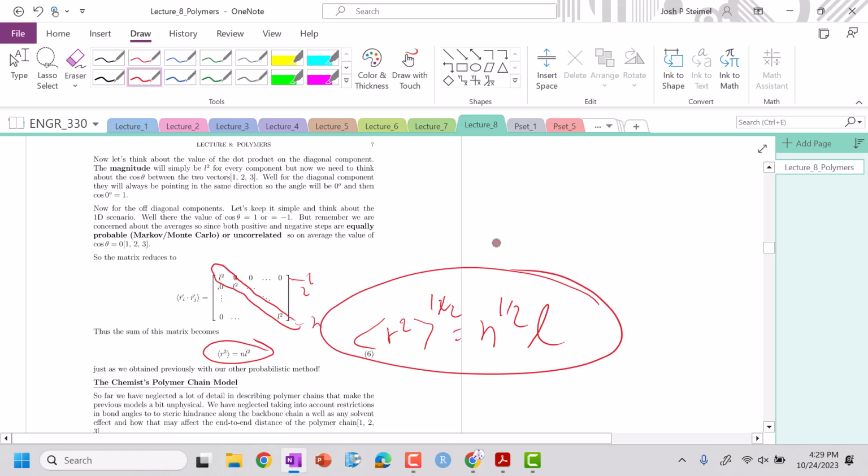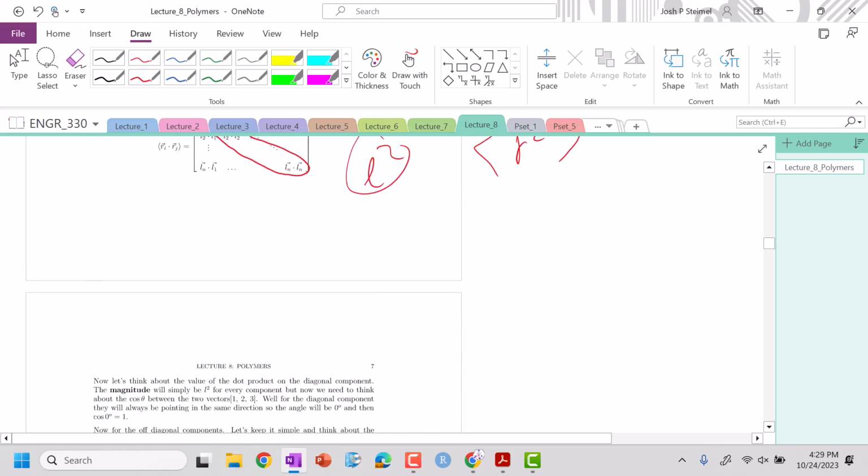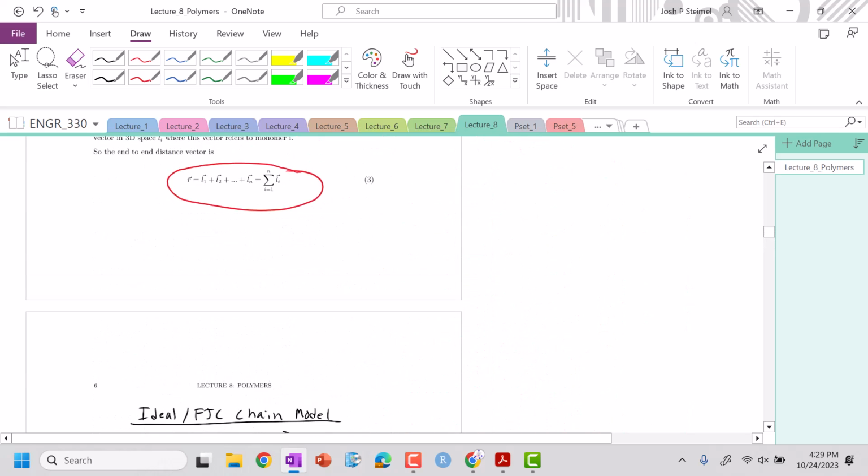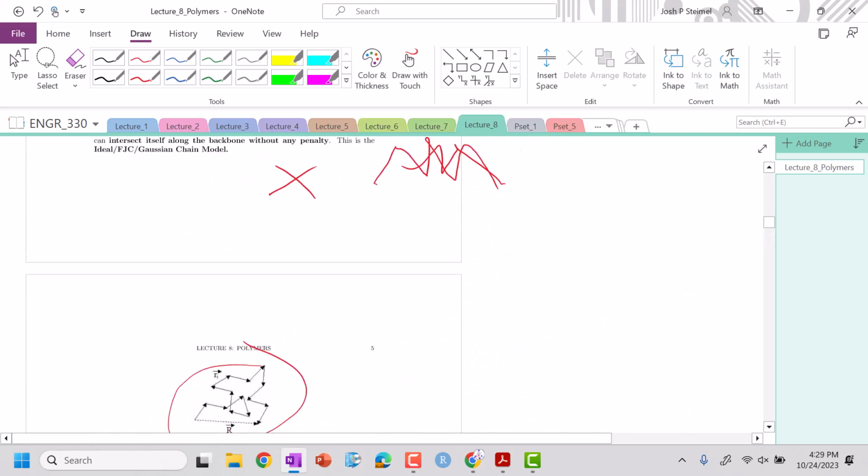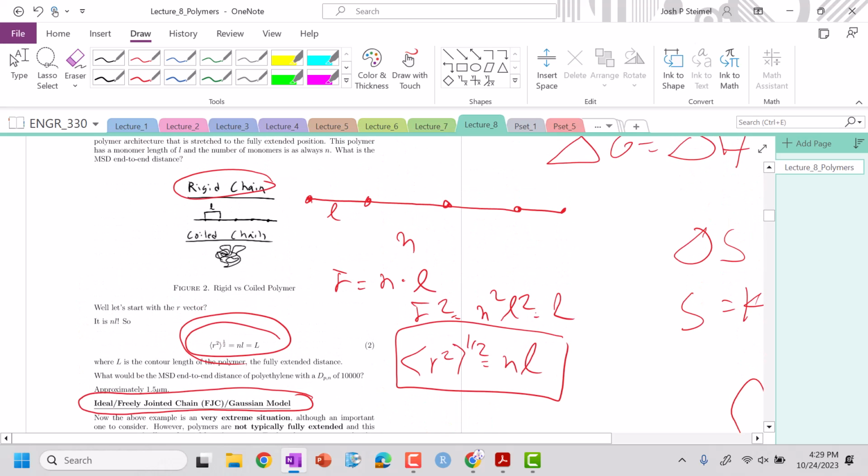This freely joined chain model is shockingly accurate for many situations, but specifically for polymers that are in the melt, meaning where there's no solvent. This model actually captures the behavior quite well. Additionally, this kind of makes sense. This was our distance for the fully elongated chain, which scaled as n times L. The n scaling here is the critical parameter.